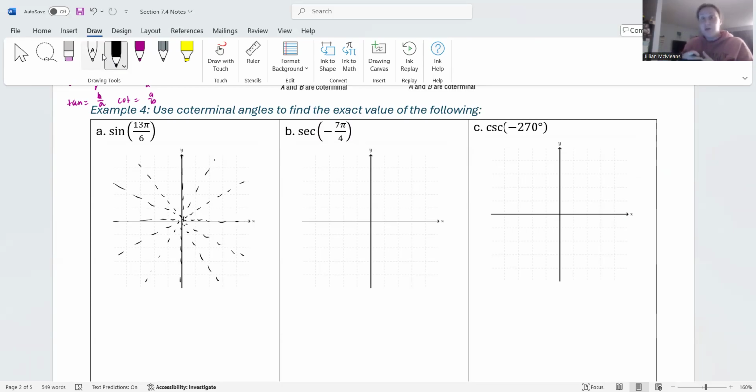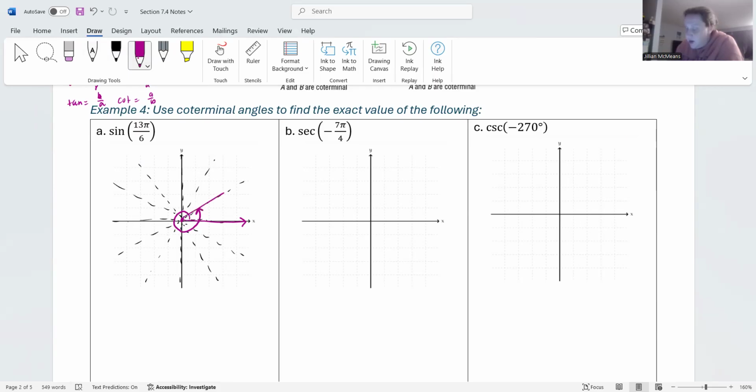So we're looking at 13 pi over 6. From 0 to pi, break it into 6 pieces, and from pi to 2 pi, break it into 6 pieces. So let's count out sixths here. If we're going to have an angle, we have our vertex at the origin, and our initial side on the positive x-axis. We go 1/6, 2/6, 3/6, 4/6, 5/6, 6/6, 7, 8, 9, 10, 11, 12, 13.